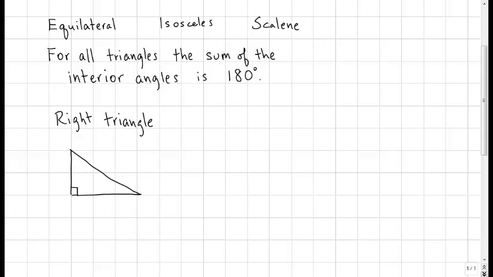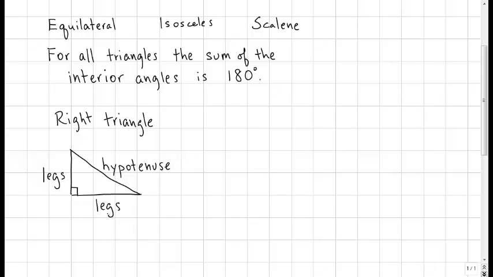There are, again, some naming conventions that we follow with right triangles. The side opposite the 90-degree angle, which is always the longest side, is called the hypotenuse. And then the other two sides are once again referred to as legs. And we have lots of properties that are particular to right triangles.